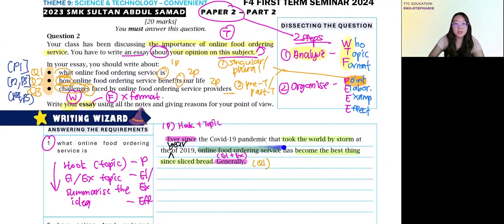Before that, this is just the hook. You try to relate your hook sentence to the topic. We talk about online food ordering service, but since when has it become more viral or more practical in our day-to-day life? It's since COVID-19, when all citizens were encouraged not to go and buy food or dine in at a restaurant. So this is ever since then.